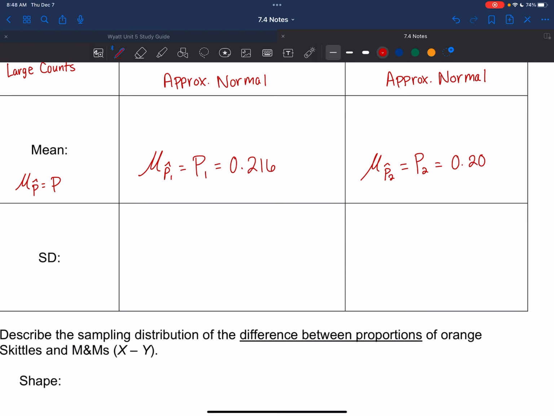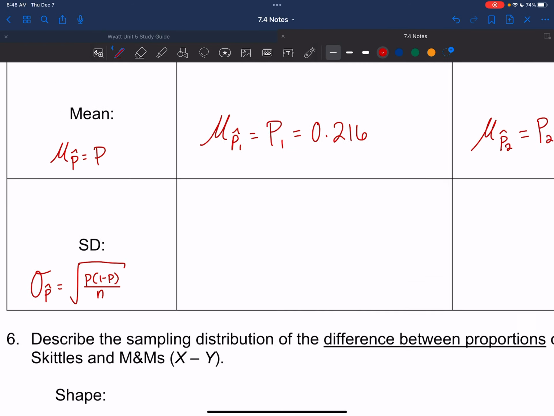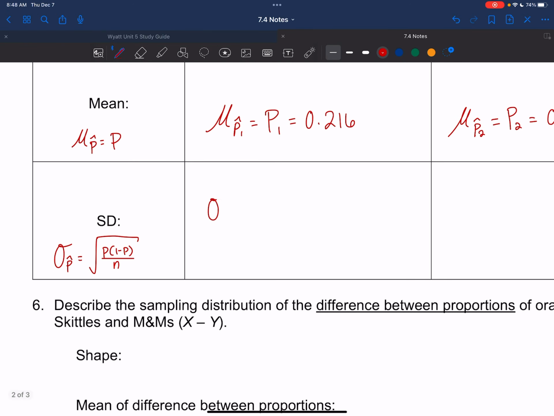And then standard deviation, if I'm trying to find standard deviation, the equation is going to be sigma sub p hat is equal to the square root of p times 1 minus p divided by n. Okay, so if we're doing it for the Skittles, sigma sub p hat 1 is equal to the square root of 0.216 times 0.784 divided by 50.